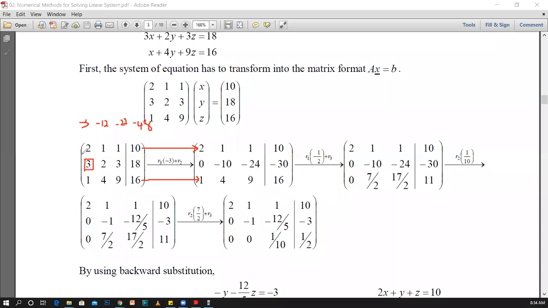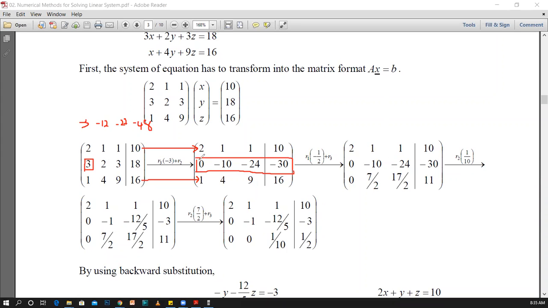Once you added those values, you can see the values in the second row have changed into 0, minus 10, minus 24 and minus 30. Now your goal is to make this place 0. Now your goal is fulfilled.